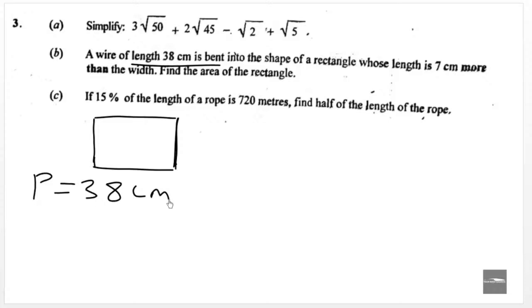Then it was given that the length is 7 more than the width. So if the width is x centimeters, then the length will be 7 more than x, that is x plus 7 centimeters.